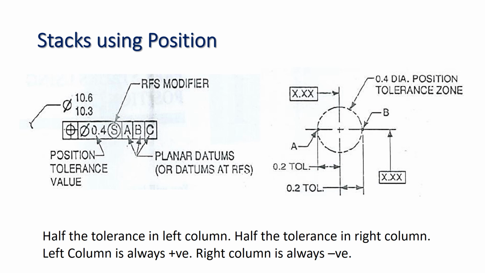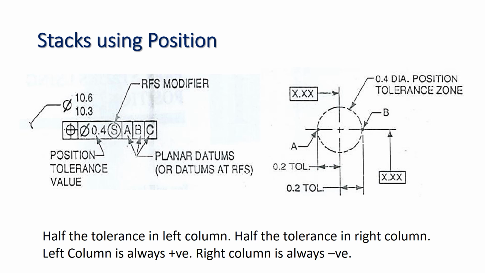Stacks using position. Again, the position tolerance is given as shown on the left side, with the RFS modifier. Nowadays it is not required to mention it there. Position tolerance value and planar datums or datum at RFS.